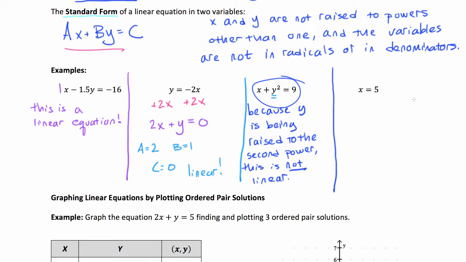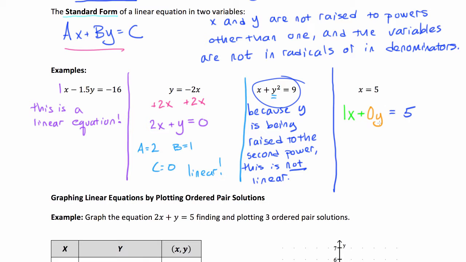Now this one looks weird, and people get stressed out about this. I'll spoil it here. This is a linear equation, but you only know that from context, because if you just look at this, it looks like the solution to a problem in chapter 2. But here's the way that we're going to think about this. This is the same as 1x plus, and how many y are there? There's no y, so plus 0y equals 5.